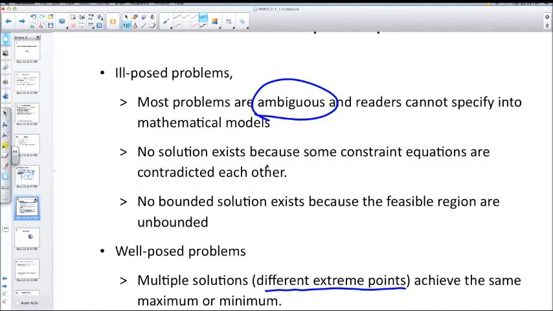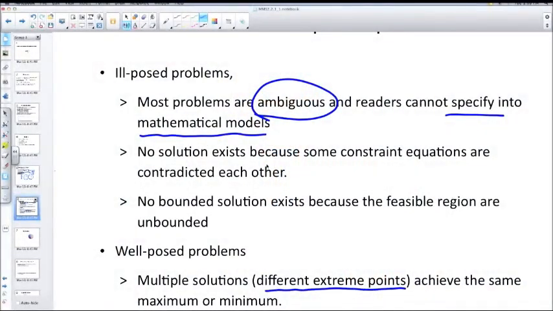Unless you are a very well-trained professional, just like when you use casual English in daily life, your problem itself is ambiguous, meaning there are different ways to interpret what you are really asking for. So there's no way you can specify a correct mathematical model.